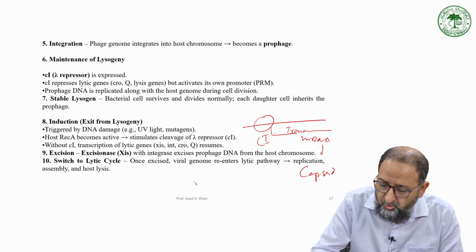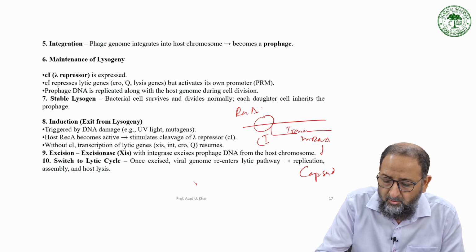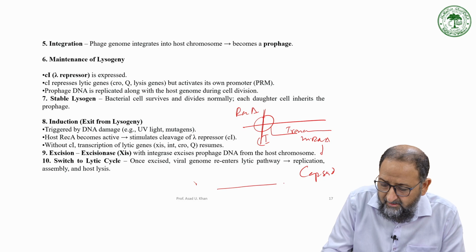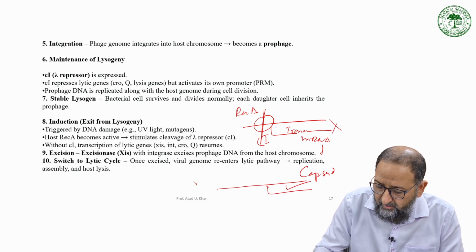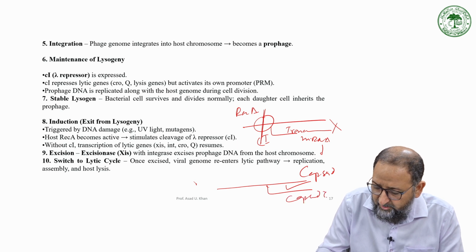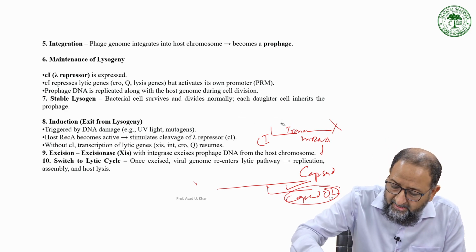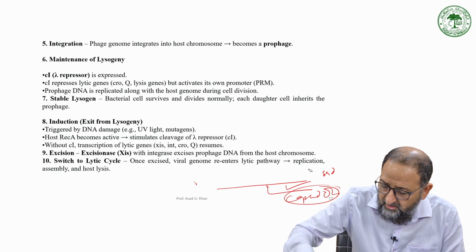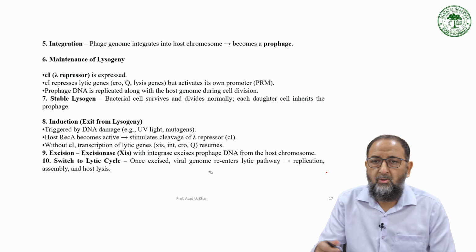Now when the process is stopped through the suppressor, what does the RecA protein do? It cleaves this like this, and then the transcription process which was blocked is started again, and capsid formation takes place and the virion particle formation starts. So this induction through RecA protein or through different mutagens is basically responsible for lysogeny to lytic induction.